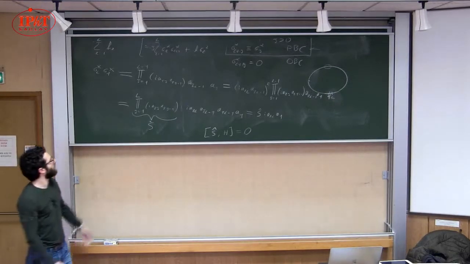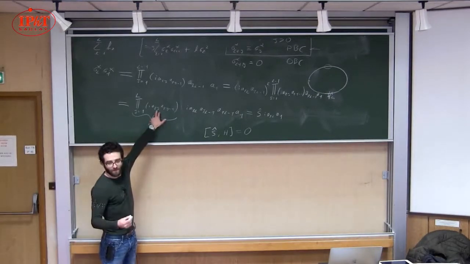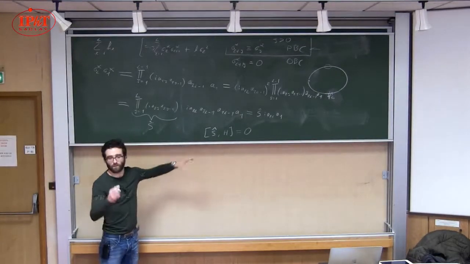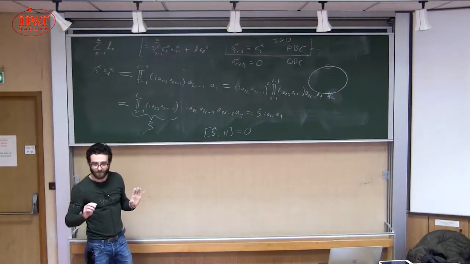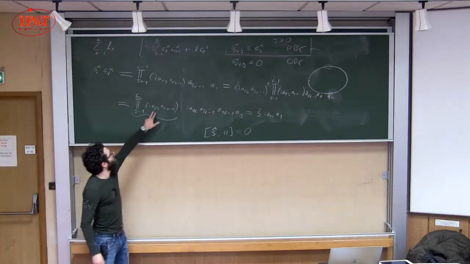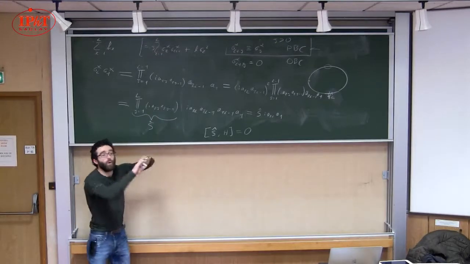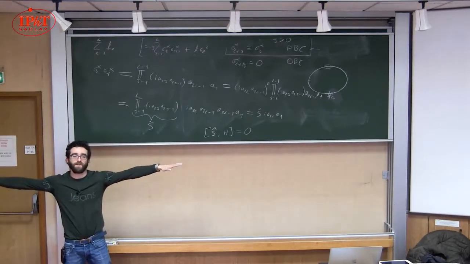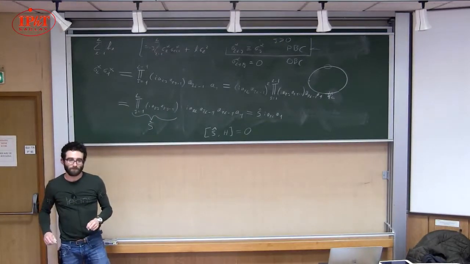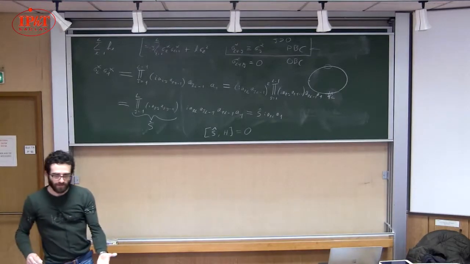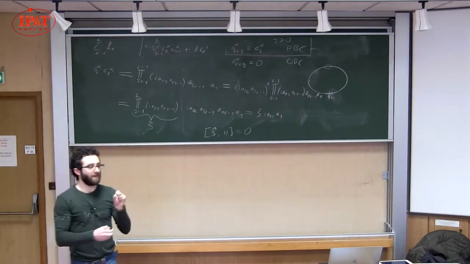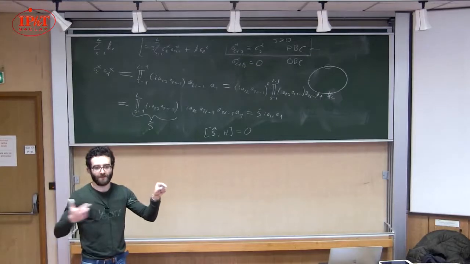Why? Observation. First of all, S squared is equal to 1. Second observation is that this is the product of all the Majorana fermions in your system. Your Hamiltonian is written in terms of an even number of Majorana fermions.